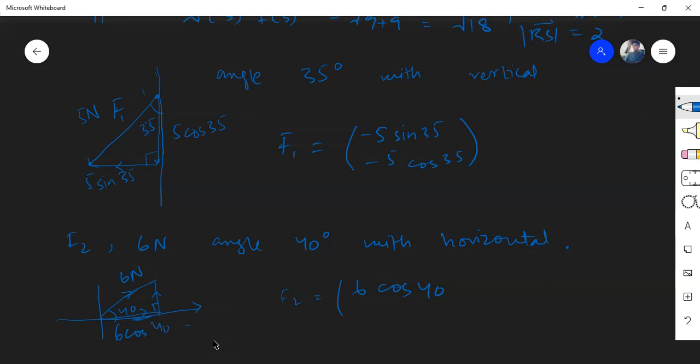Subsequently, what will be this side, the vertical one? 6 sine 40. Oh no, tan. Yeah, no, 6 sine 40. Are you sure?